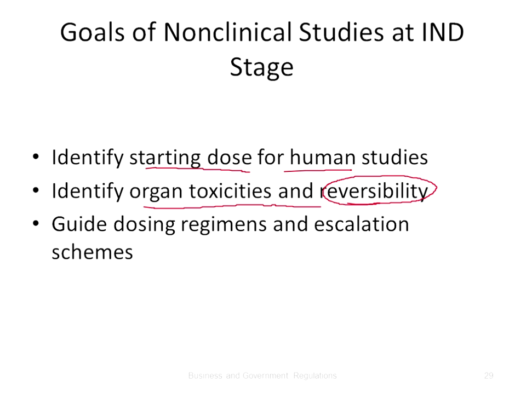And so you need to have some kind of a guide for dosing regimens and escalation schemes. That means normally you would start off the human studies at a certain dose, and over time you want to try a second dose and then a third dose. So this is the escalation scheme.